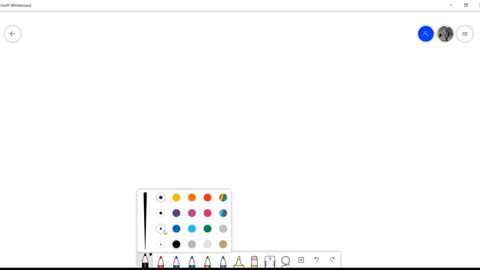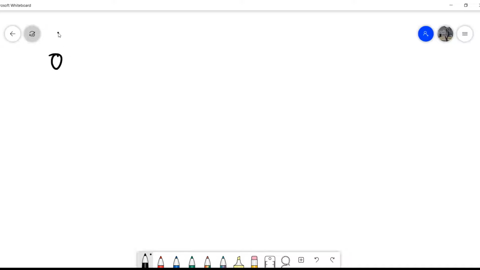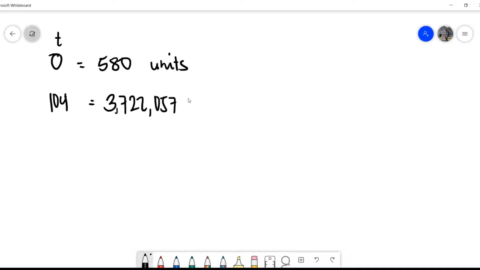we have this particular set of data. For example, we have time zero, with 580 units, and maybe at time 104, we have around 3,722,57 units.